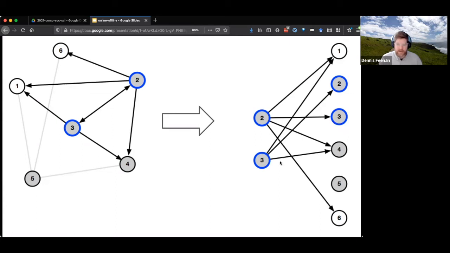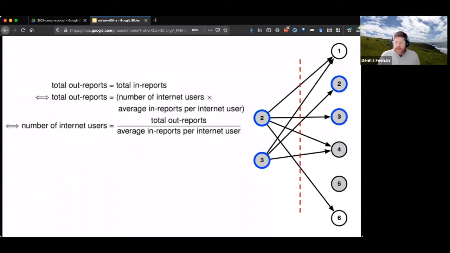You can see from this picture that the total number of out reports that get made has got to be equal to the total number of in reports that are received. We can take that identity and play with it a little bit to get an expression for the number of internet users in this case. So the total out reports should be equal to the total number of in reports. We can factor this total number of in reports into 2 terms.